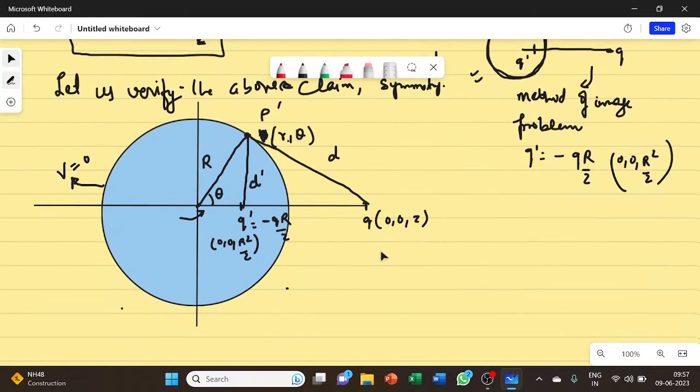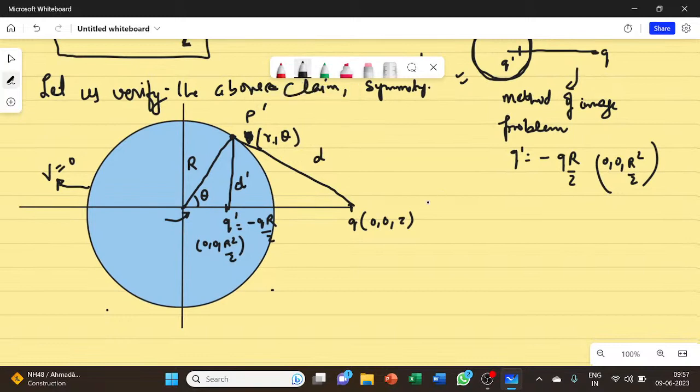So what do you think the potential on P dash would be? The potential on P dash would be minus kqr by z divided by root over d dash.